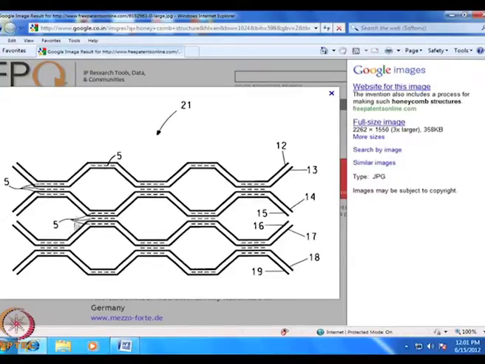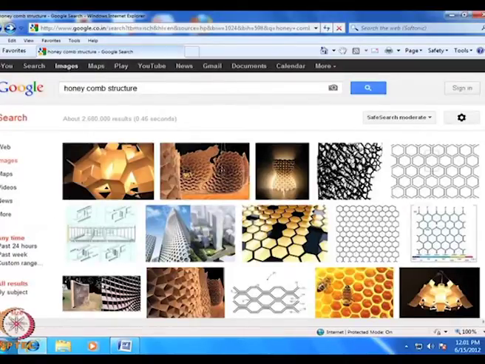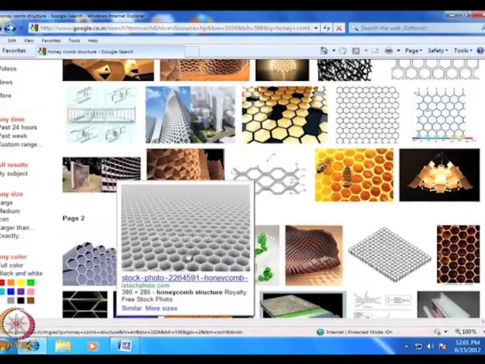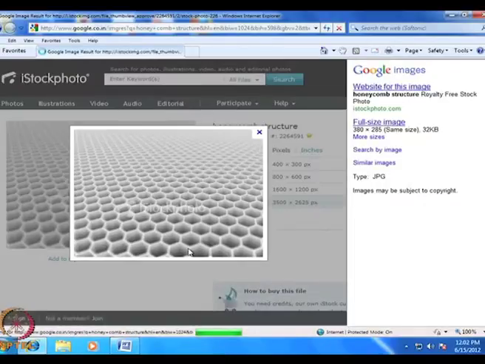These are the open spaces and these are the ceramic bodies. Today's extrusion process has reached such levels that a complex honeycomb structure like this is easily fabricable. Many of these structures can be fabricated.